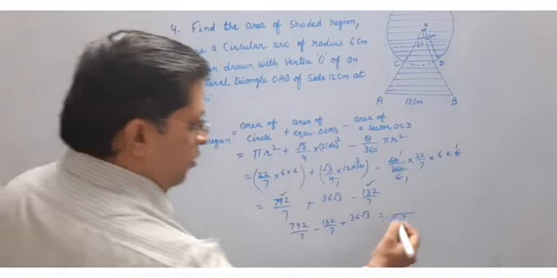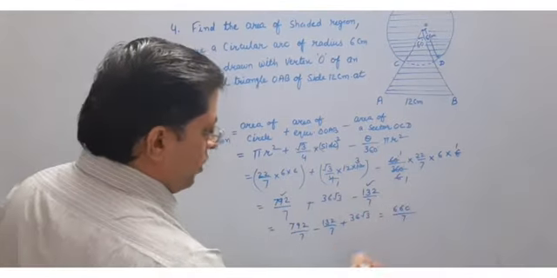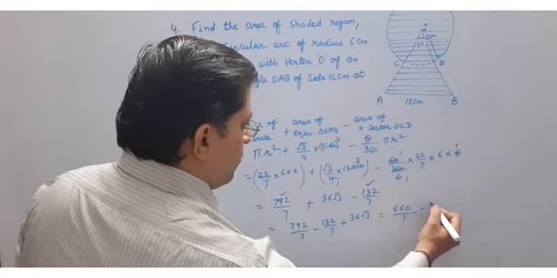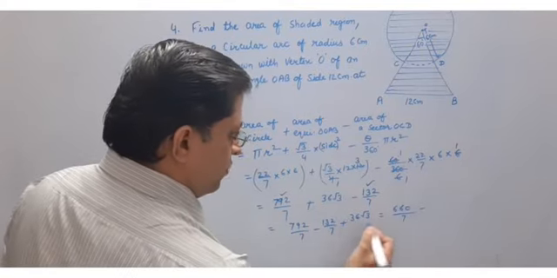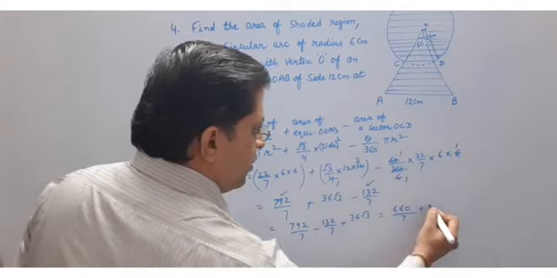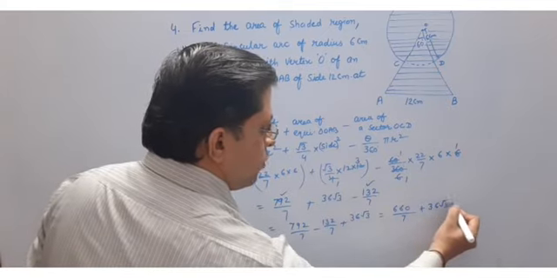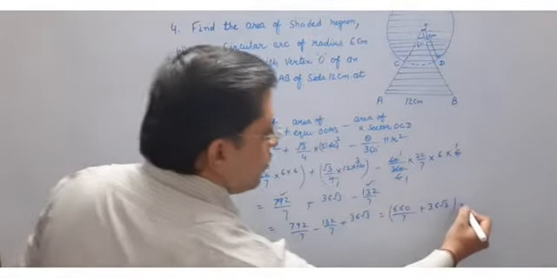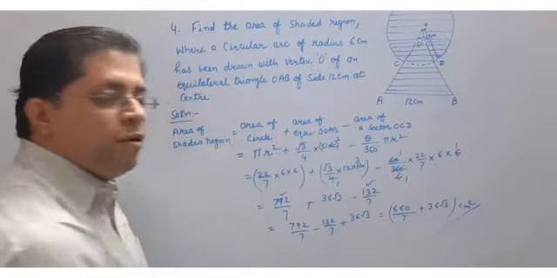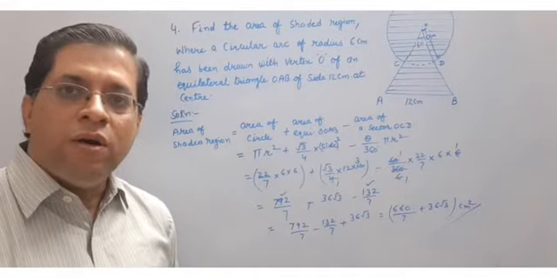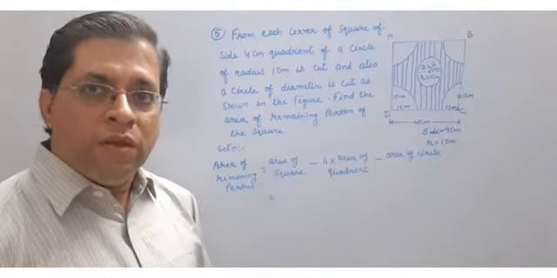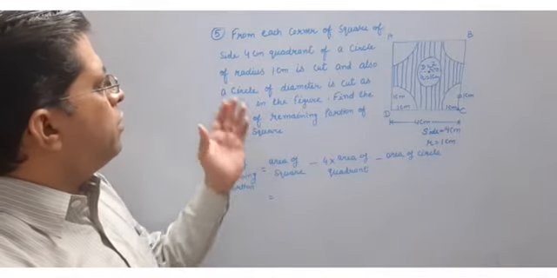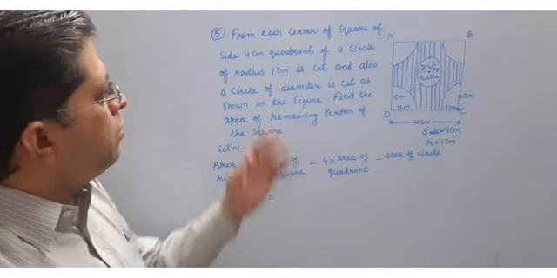When you subtract it, this will come 660 upon 7 plus 36 root 3. This is your answer, centimeter square. You can write here, centimeter square. This is your answer.